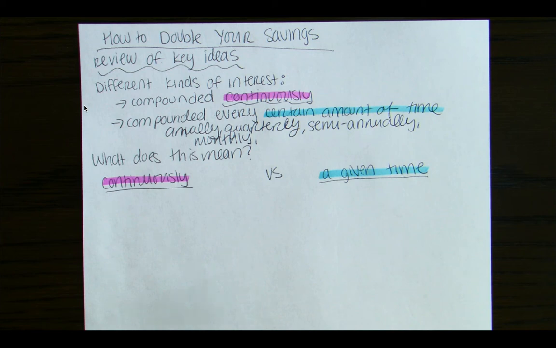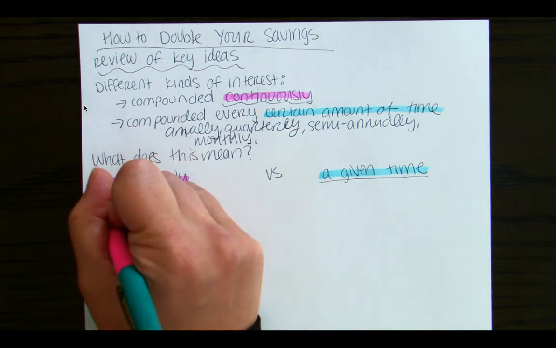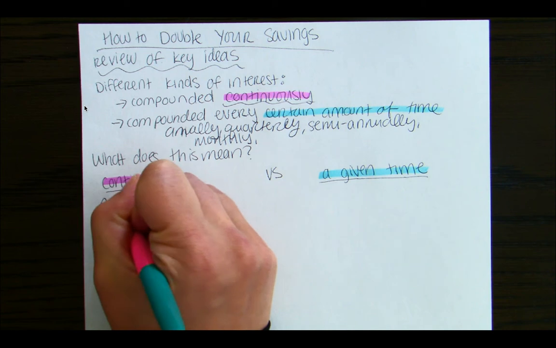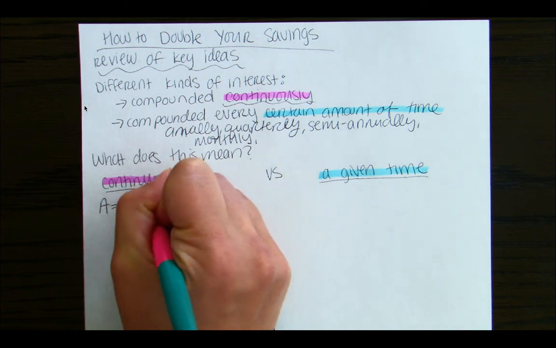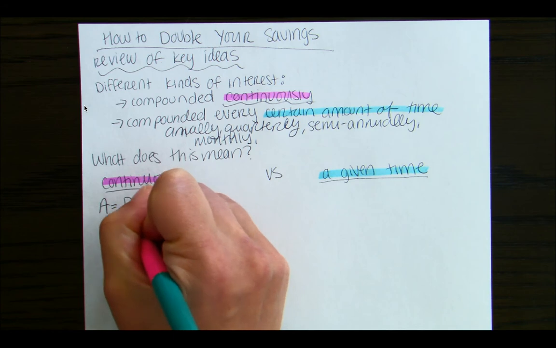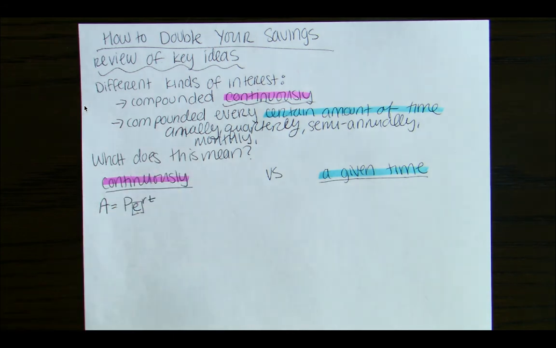And the difference between these equations that we use to find out what the interest looks like over time varies like this. So, for continuously, A equals P e to the rt. Now, e is its own function.